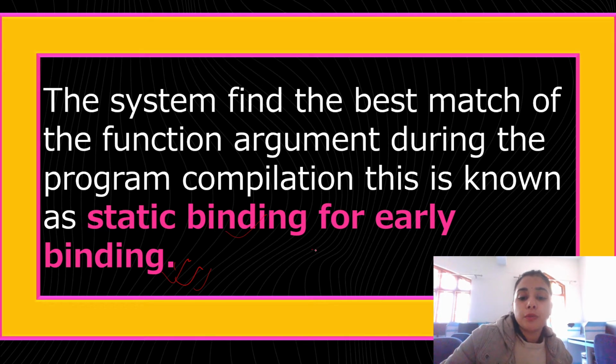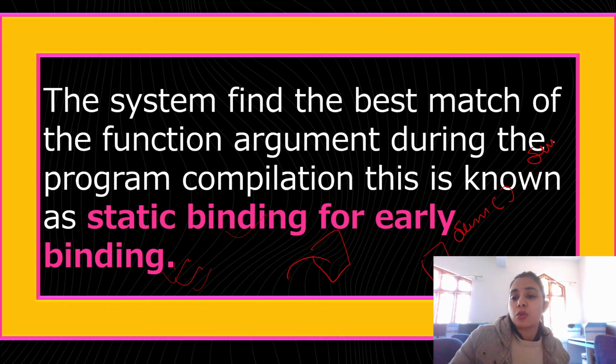Because before compiling the program, your compiler gets the best match for the function argument. Otherwise it will create an error if there is no best match. Let's say you have given the name sum and another function also sum with no parameter. Now here you will find an error, right?